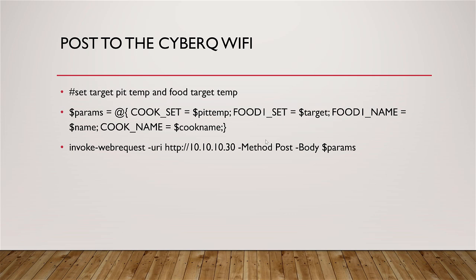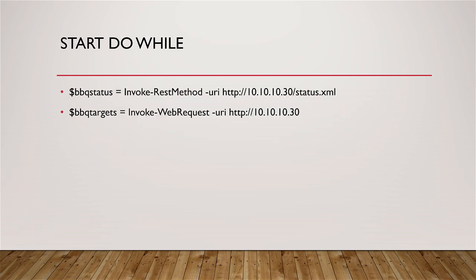Next, the script takes the parameters that I've set and posts that to the CyberQ Wi-Fi. It will use Invoke-WebRequest to my IP address, and I'll post that to the web service. Next, I have a do-while loop where I get my barbecue status with Invoke-RestMethod.